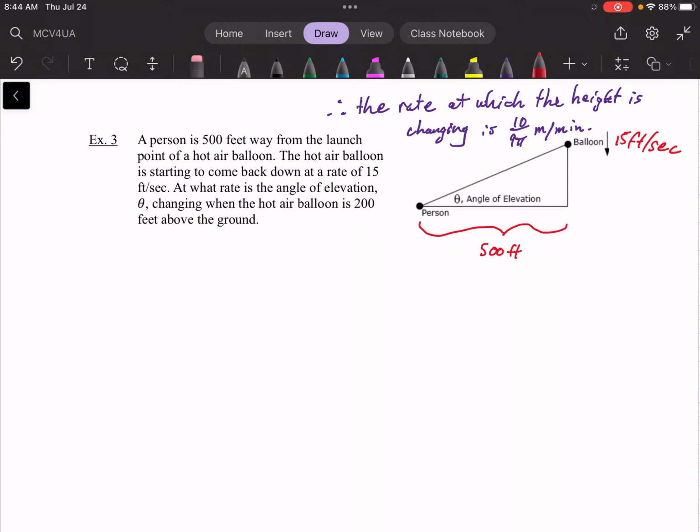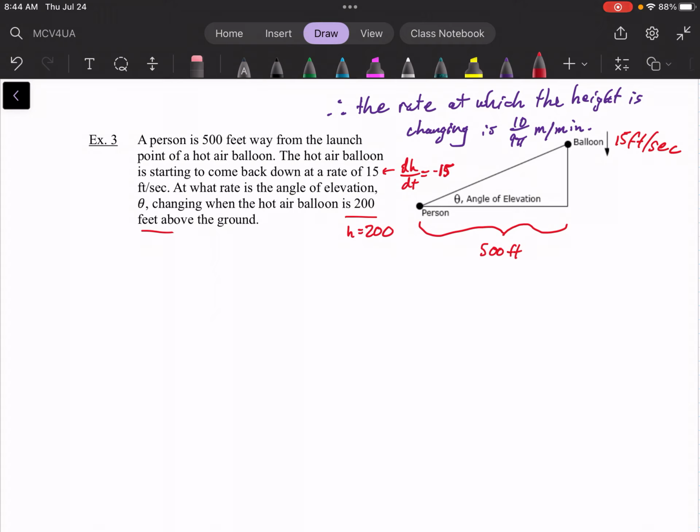Now specifically, you know the height is 200 feet at the specific time. So let's call that h, which is 200. I know the rate at which it's falling, let's call it dh dt, is negative 15.